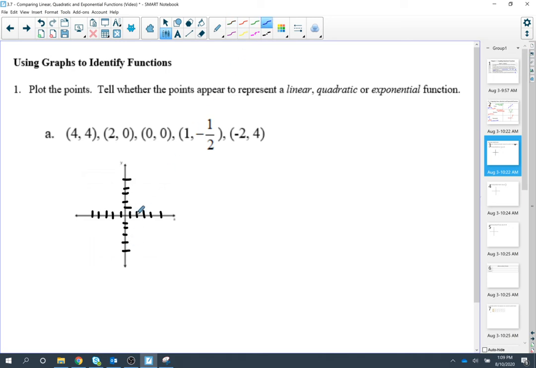My first point is at 4, 4, 2, 0, 0, 0, 1, negative 1/2, negative 2, 4. So I'm taking a look at that. What graph does it appear to represent? I'm hoping you're saying quadratic, because if you connect the dots, you can kind of make like a nice U in here. You got your vertex down at the bottom, and he looks like a quadratic graph.